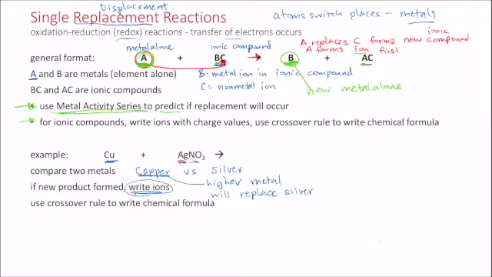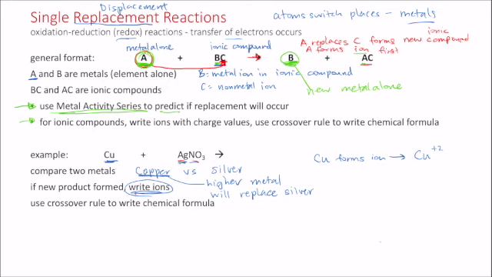You use the activity series first to predict, and then the copper forms an ion. This ion forms and then bonds to this nitrate. So this will form a +2 ion, and then bond to this nitrate. Use the crossover rule to write that chemical formula.